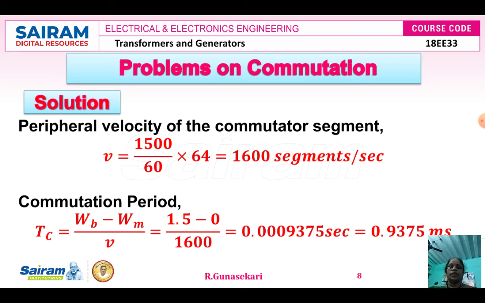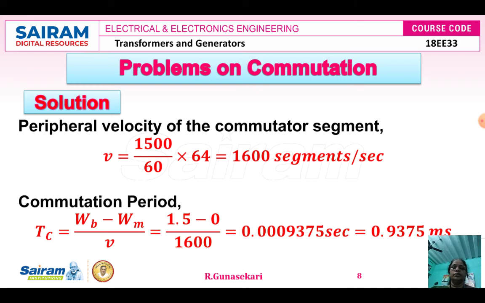Now we calculate the commutation period Tc. T for time period, C for commutation. Therefore, Tc represents the commutation period. The formula is Tc equal to Wb minus Wm divided by v. Wb is the brush width. Wm is the width of the insulation. v is the velocity.